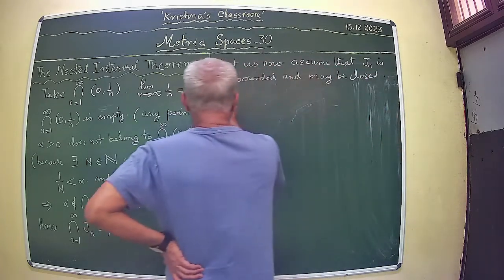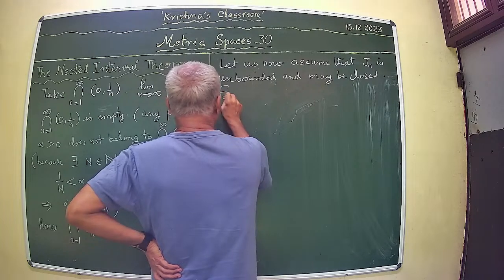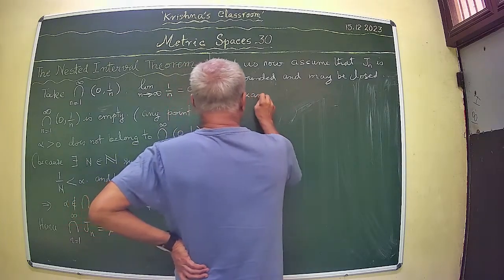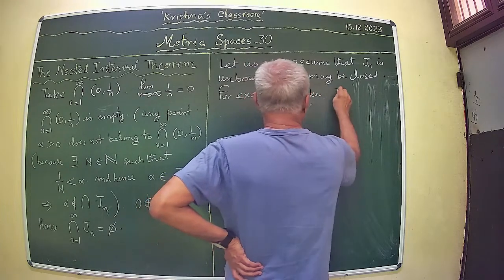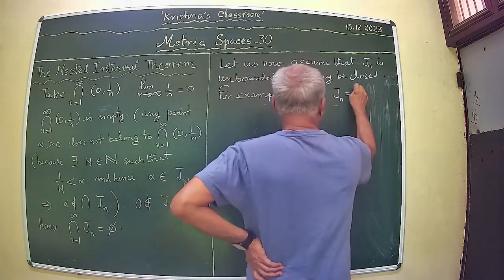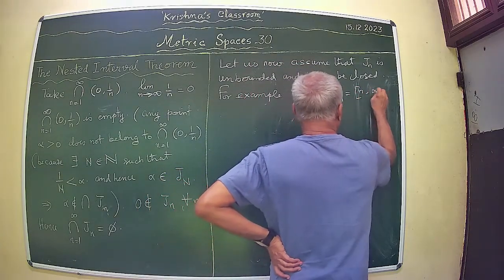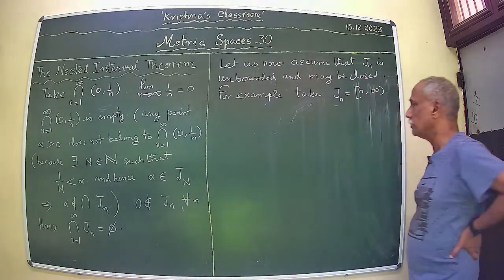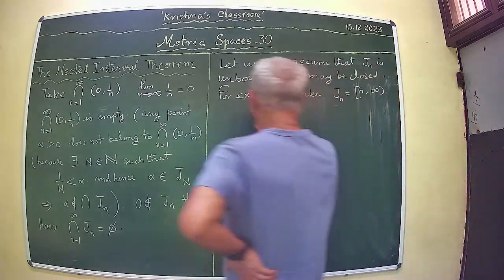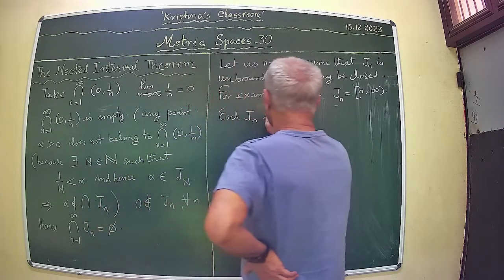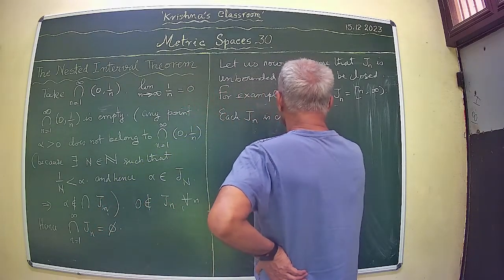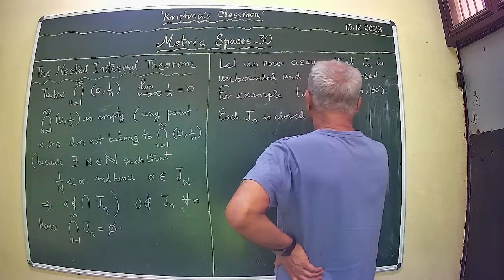For instance, take the case when each Jn is closed but is unbounded, but not bounded.